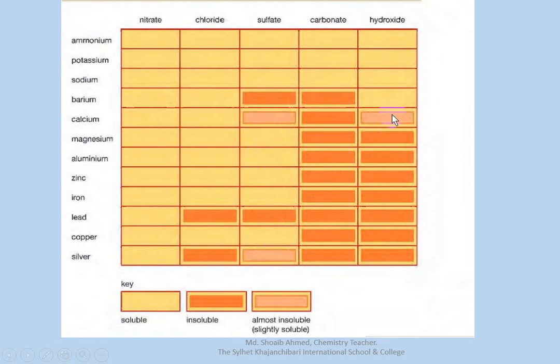And here, calcium hydroxide. Calcium sulfate and calcium hydroxide are slightly soluble. And silver sulfate. Calcium sulfate, silver sulfate and calcium hydroxide. Okay, these are slightly soluble.